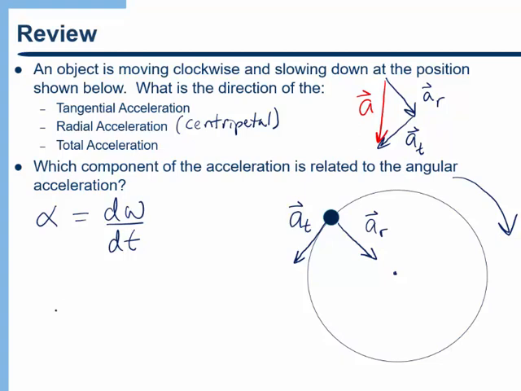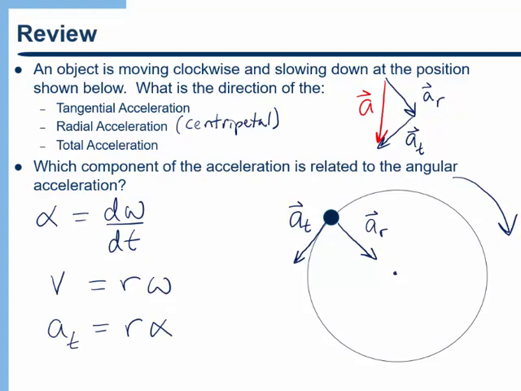In terms of the relationship, the tangential acceleration is equal to r times the angular acceleration. And I want to just point out another way you can see that that makes sense. We have that the linear velocity is equal to r times omega, the angular velocity. Notice dv dt is a and d omega dt is alpha.